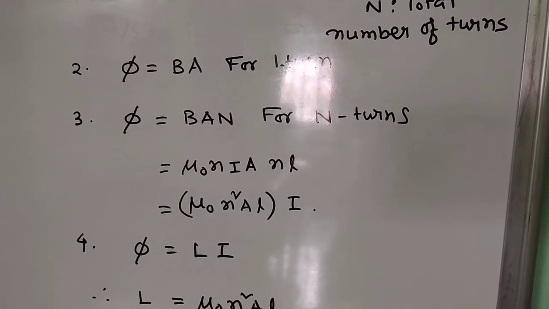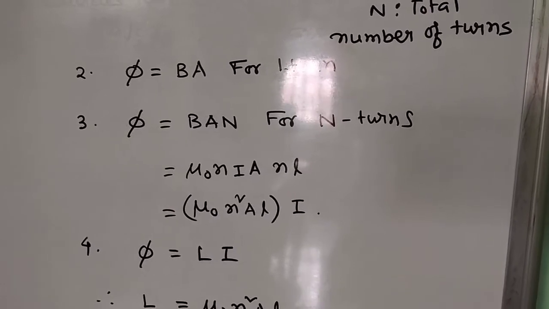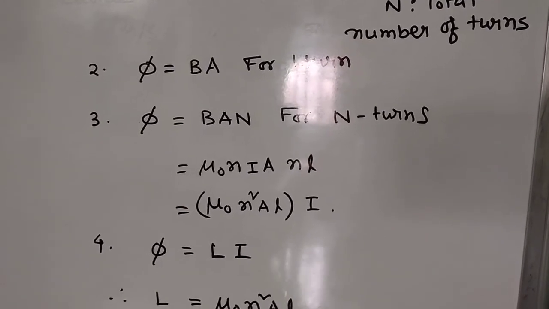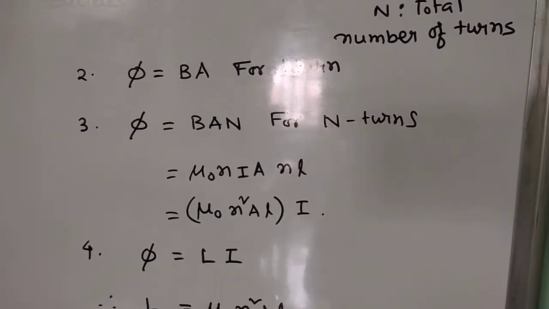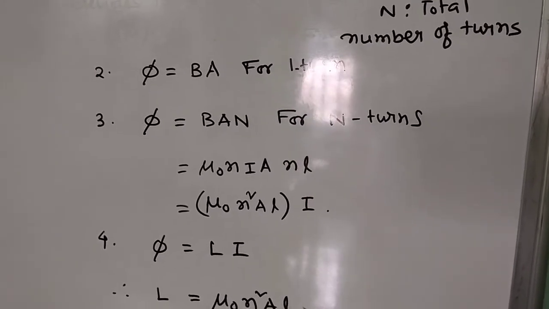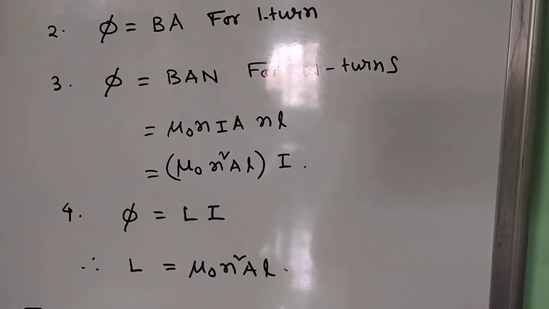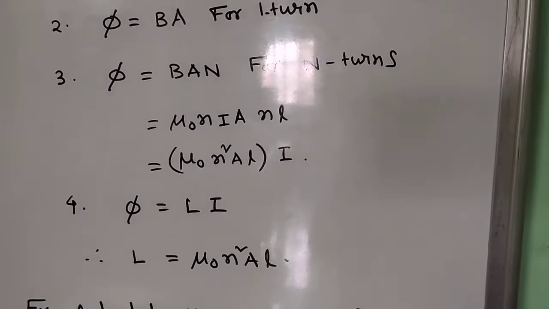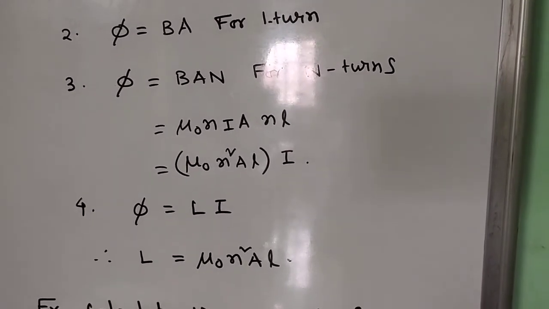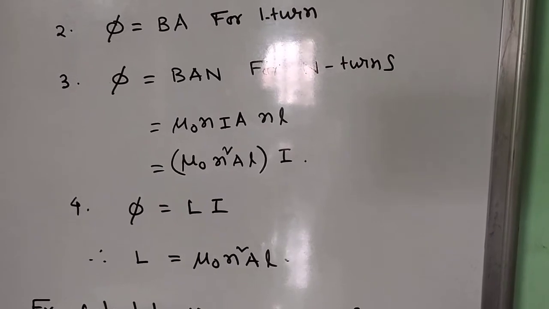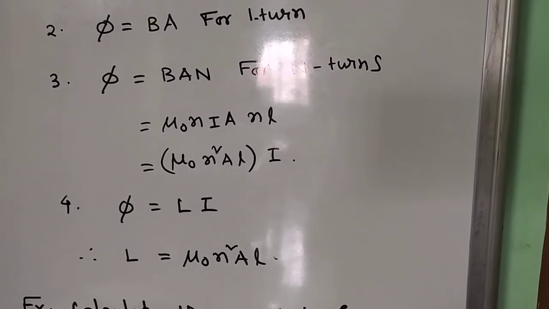Now number 4 equation in case of self-inductance, phi equal to L I. So if we compare 3 and 4, then L comes out to be your mu naught n square A L. So self-inductance of the solenoid is your mu naught n square A L.